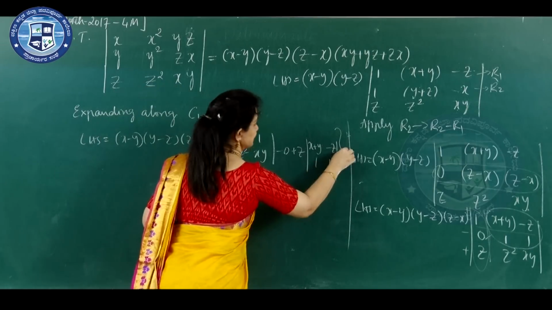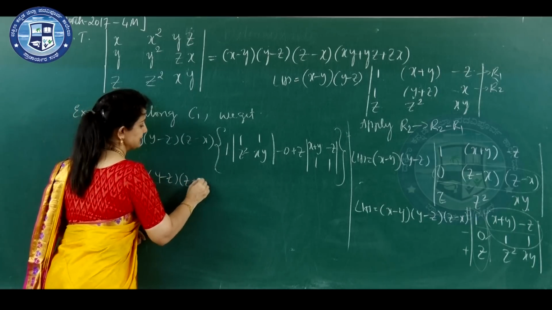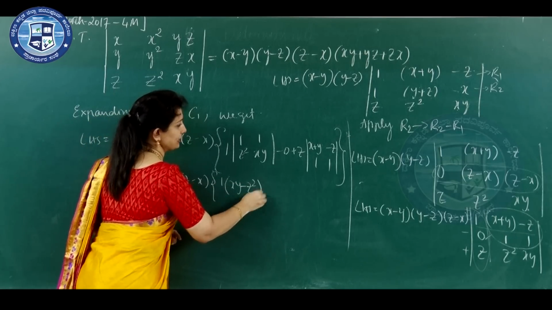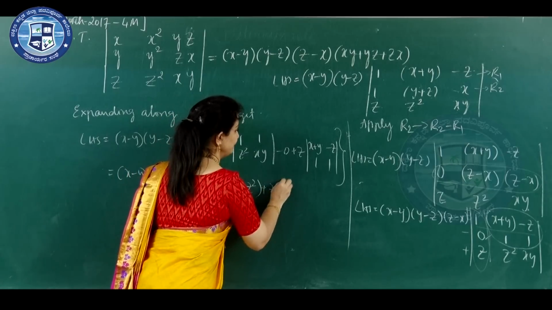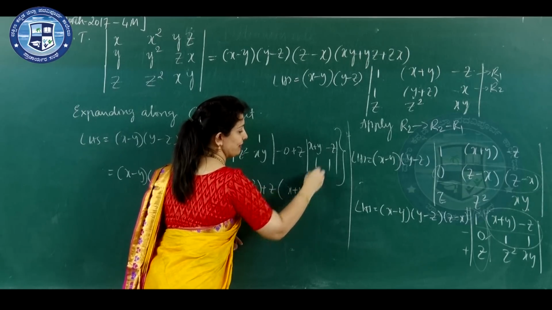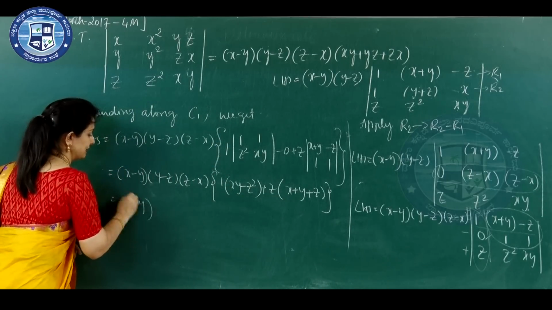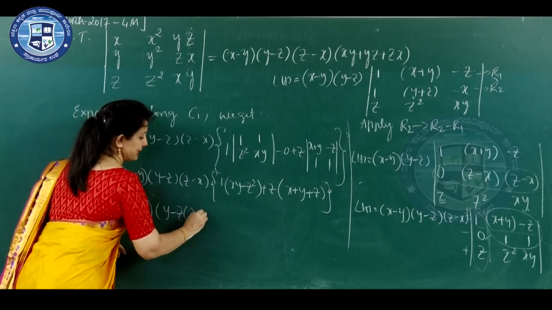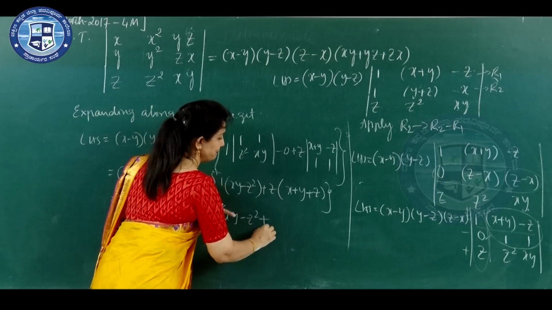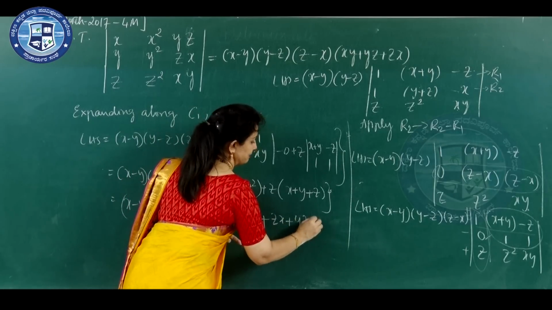So now we will expand it, which is x minus y, y minus z, z minus x into 1 into xy minus z square plus z into x plus y minus of x plus y into 1 minus of minus z plus z. So that is x minus y, y minus z, z minus x into, what is it? xy minus z square, multiply this plus x into z, zx plus y into z plus z square.